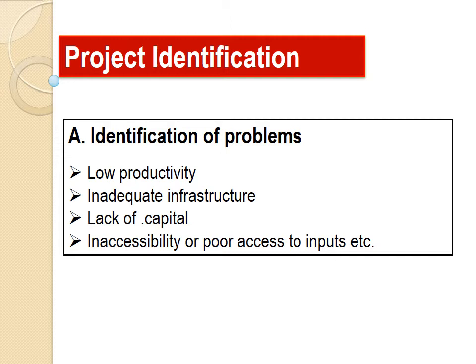In developing or underdeveloped countries, these are common phenomena: very low productivity, both in the agriculture sector and the industrial sector; inadequate infrastructure, which is closely related to productivity; lack of capital; and poor access to the different inputs for production. This is very common in developing and underdeveloped countries.